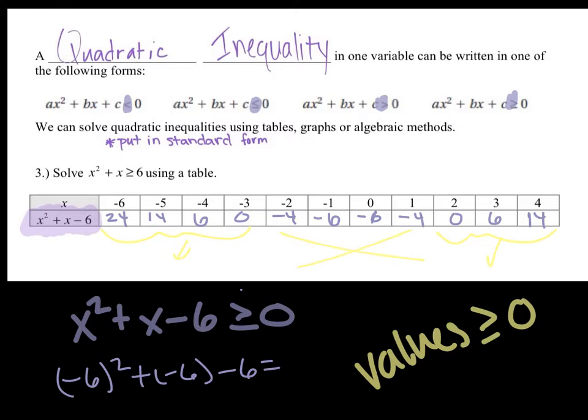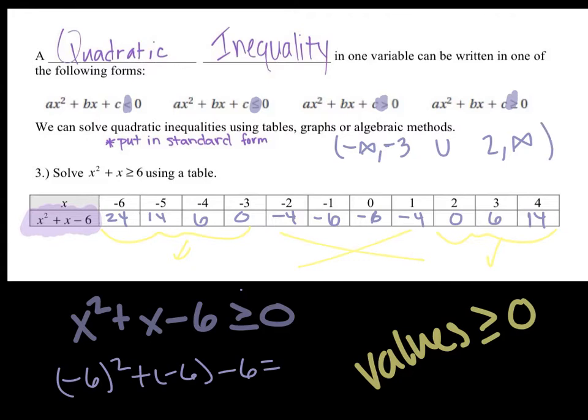So if I'm trying to write that as a solution, it would be everything less than or equal to negative 3, so negative infinity to negative 3. There's a gap there, so that's where we use the union symbol. And then it starts up again at 2 and is everything greater than 2.